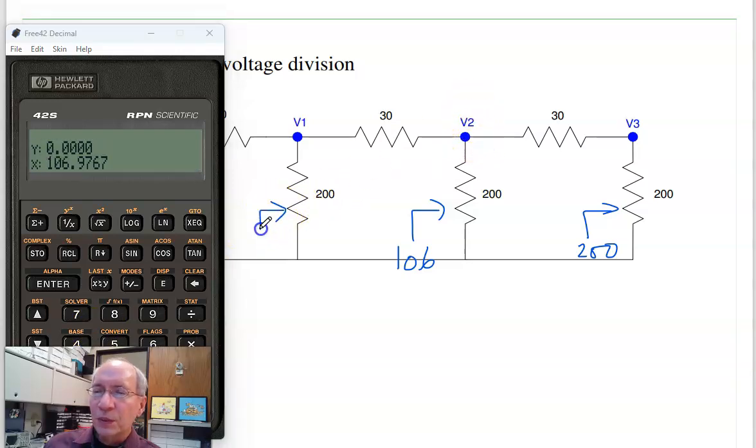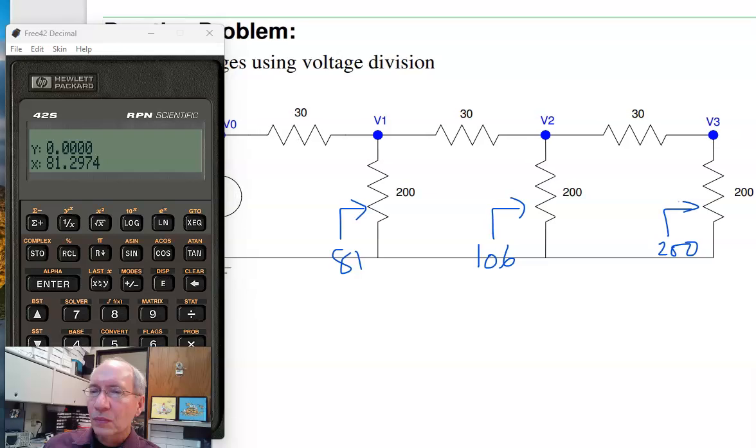At node B1 looking right is that plus 30 in parallel with 200, which is 81 ohms. Store O1. So to find the voltages, use voltage division. 81 ohms over 81 plus 30. Enter 30 plus slash, that percentage of 10 volts, 7.30.